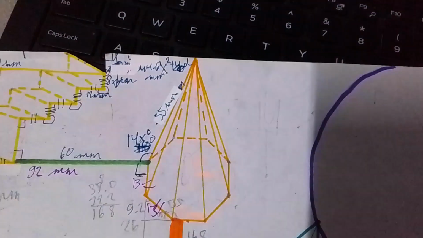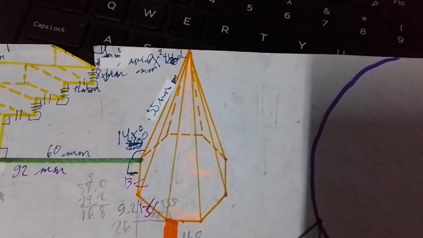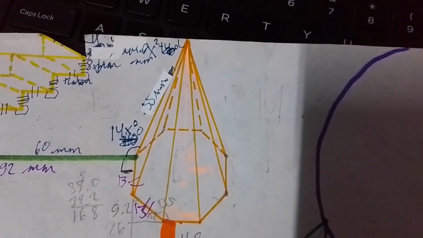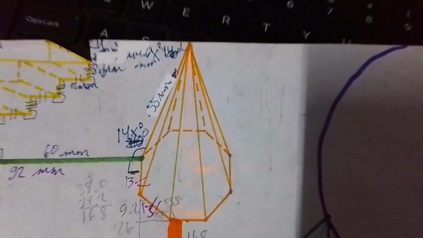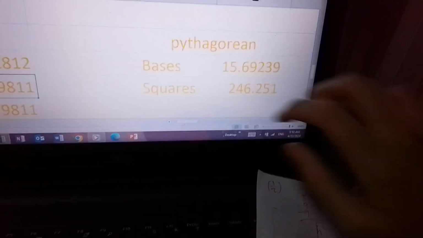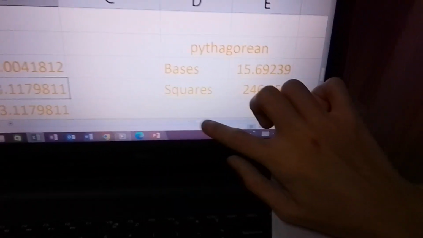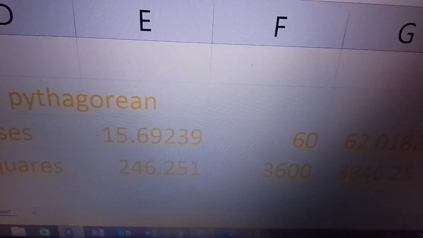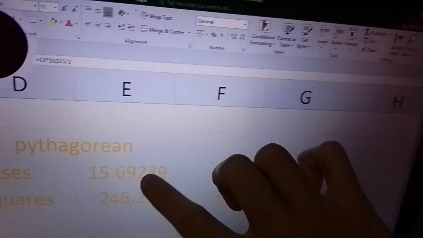Remember, we are given the height, the literal height, but we want to get the slant height. To get the slant height, ito yung ginawa namin. We apply the Pythagorean theorem, just like so. Ito yung Pythagorean theorem na ginawa ko. This is the height, this is the apothem.